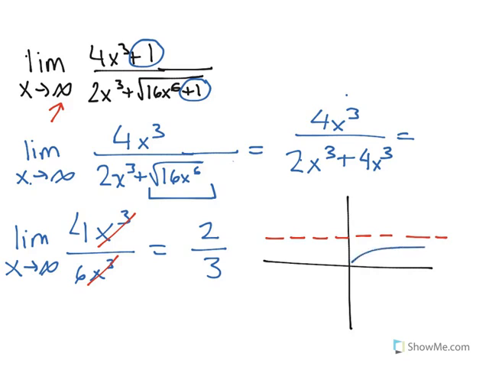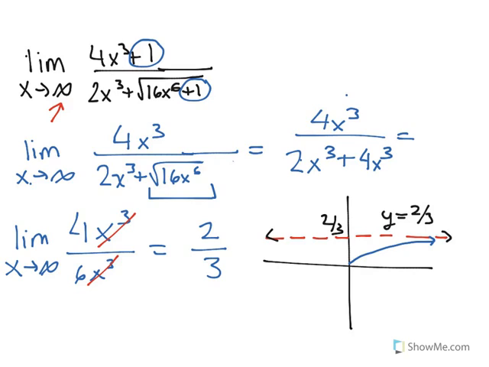We'll just say it's coming from the top; we're not sure if it's coming from the top or the bottom. So it's going to get closer and closer to y equals 2/3. We're going to have an asymptote at y equals 2/3 because of this limit.